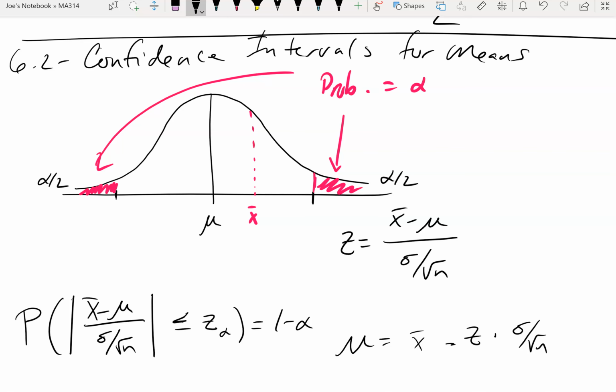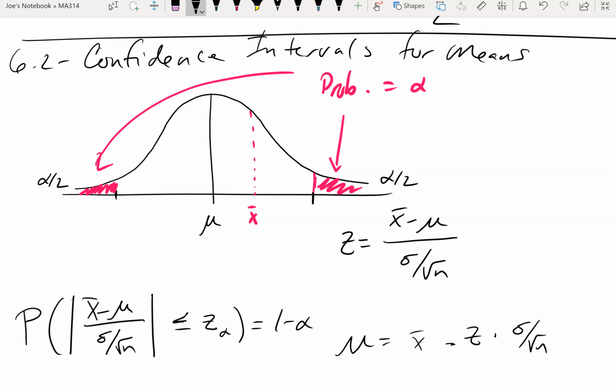We want the probability that this distance is small to be large. If we think about alpha being small, 1 minus alpha is relatively large. That's what this is saying: distance is less than or equal to some number, so the distance is small.